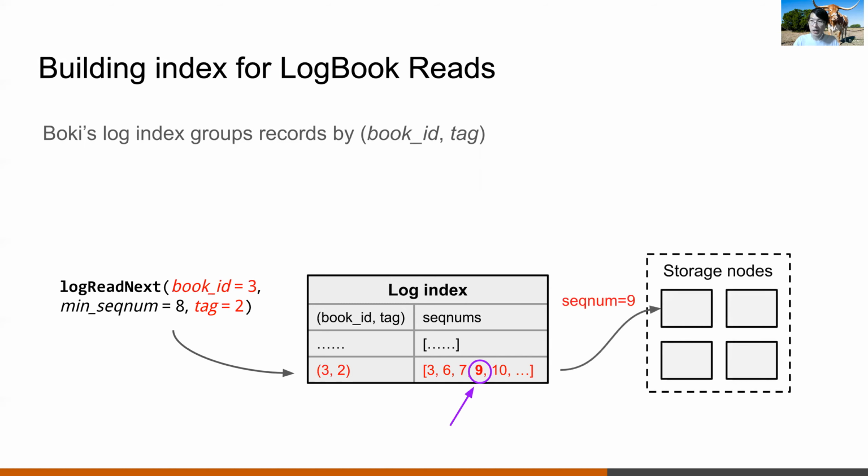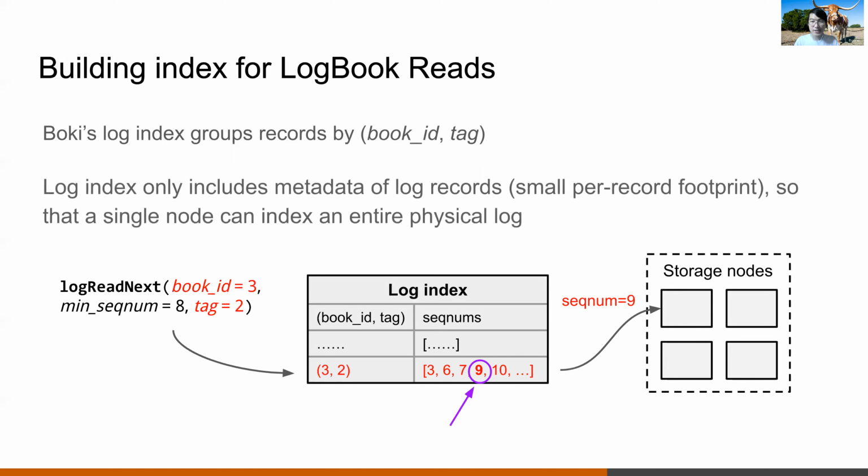Finally, we read the record from the storage nodes. Boki's log index only includes metadata of log records, including sequence numbers, tags, logbook IDs, and which shard contains every record. So the index has a very small per-record footprint, and a single machine can actually maintain the full index for an entire physical log.